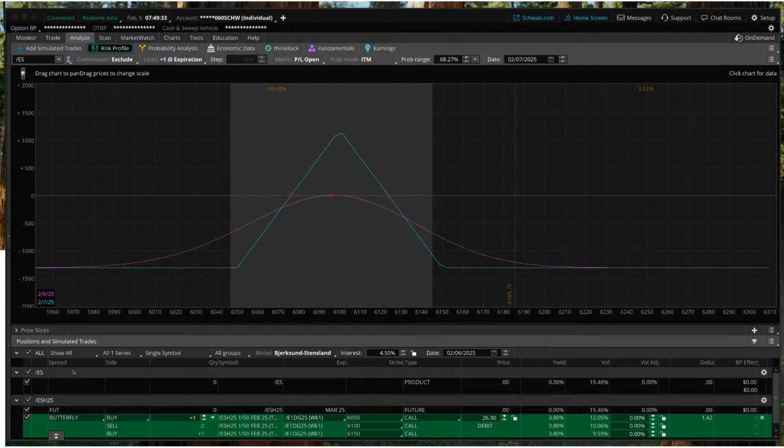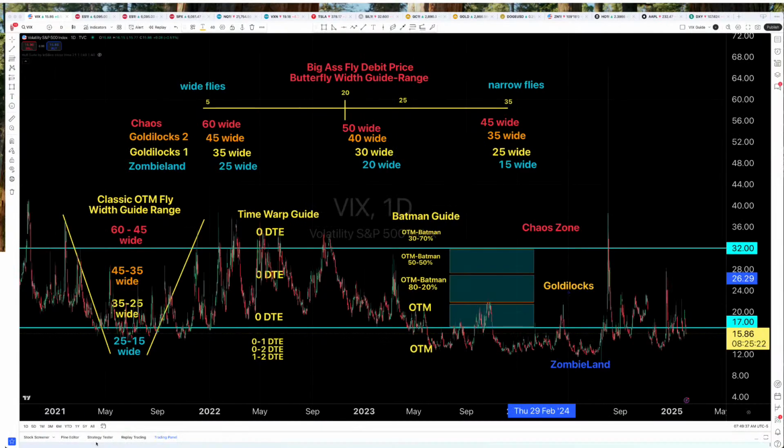So we come back to the VIX and our trading guide, and we can see that something in the 26 range should be somewhere between 15 and 20. All right? So that's your poison. You pick 15 or 20 wide. Let's say 20 wide. I tend to round up and go to the next higher width. That's what I do. And so we'll be looking for a 20 wide out-of-the-money fly.